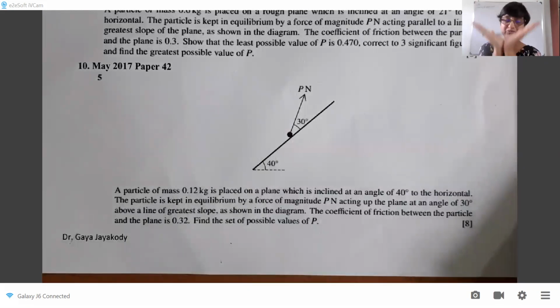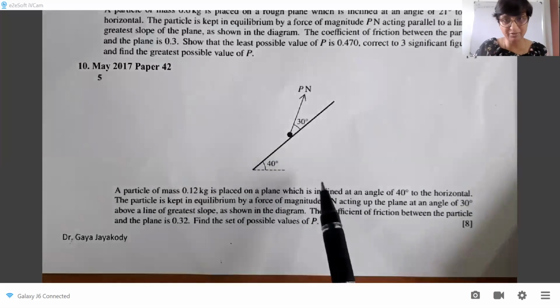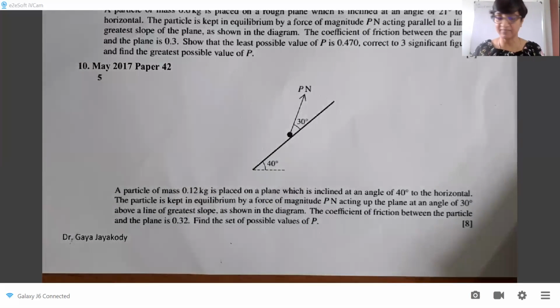So it'll have two components, one parallel to the slope and one perpendicular to the slope. So that changes the dynamics a little bit, but the theory that you know is the same. So that's a new scenario that you have not seen before. So I will leave that for homework. I will send you a picture of that for homework.